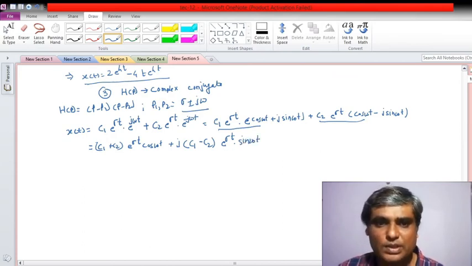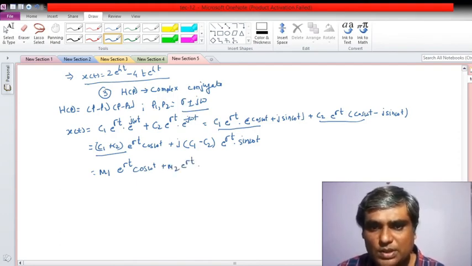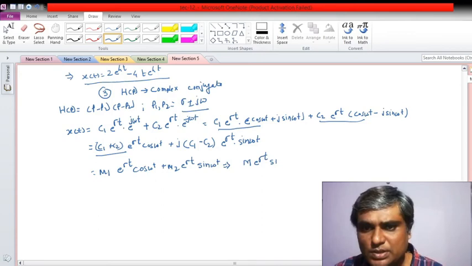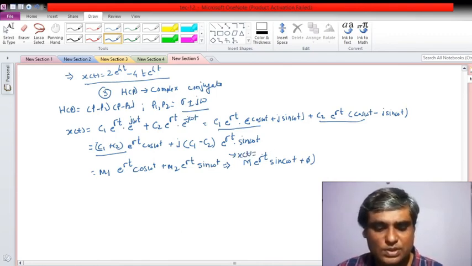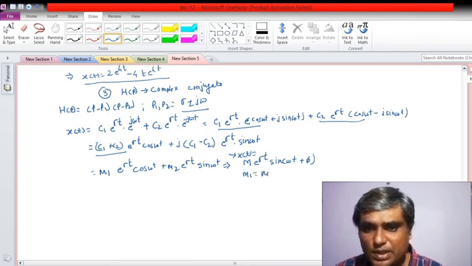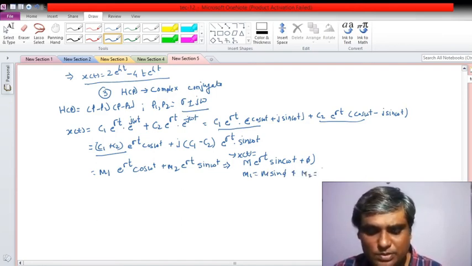Suppose this will be your m1 e^(sigma t) cos omega t plus m2 e^(sigma t) sin omega t, or this I can also write in the form m e^(sigma t) sin(omega t plus some angle phi). This may also be the form of x of t, where m1 can be expressed as m sin phi and m2 as m cos phi.